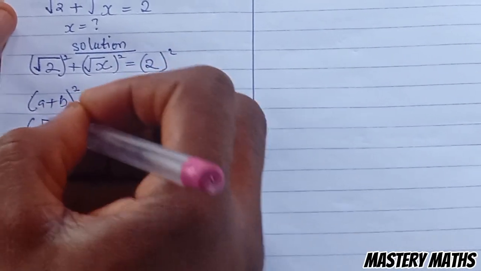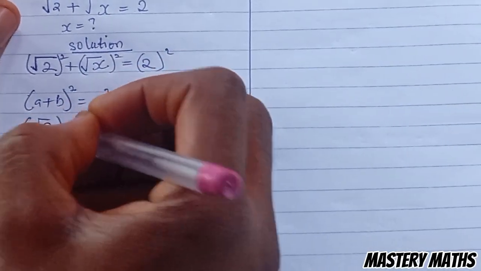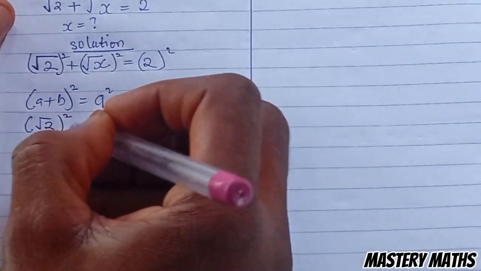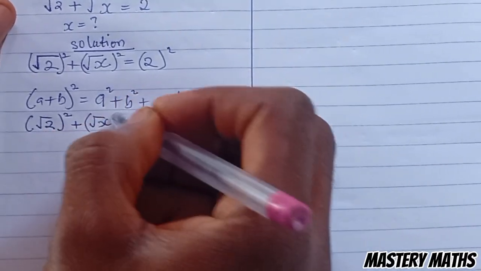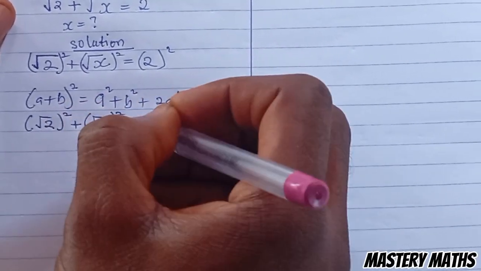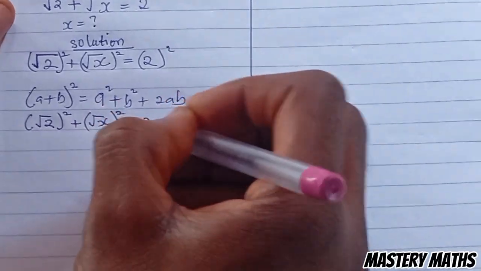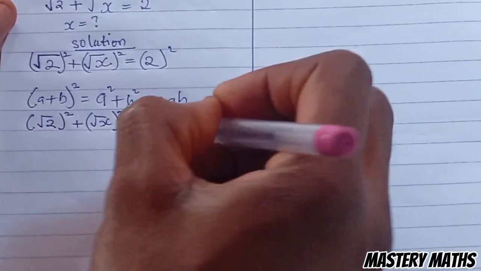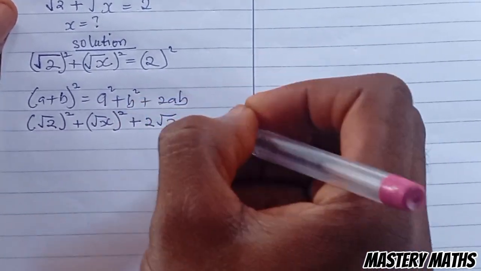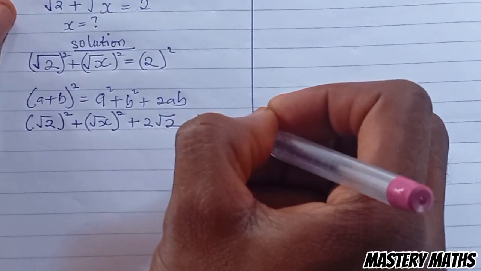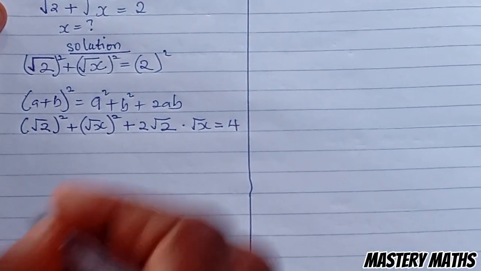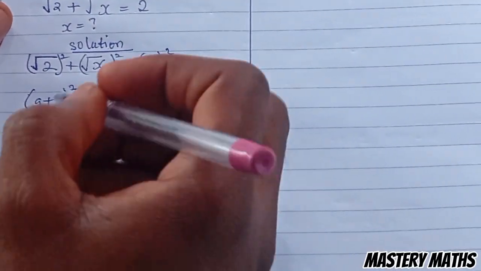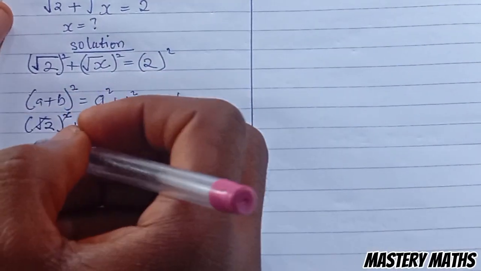It will be (root 2 plus root x), all in bracket, raised to the power of 2, plus your 2 times root 2 times root x, equal to 4. See it now? What should be the next thing? This will cancel this.